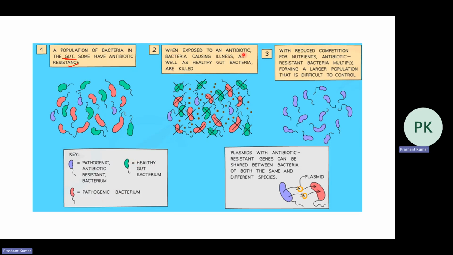When exposed to antibiotics, the bacteria causing illness as well as the healthy gut bacteria get killed. Now you can see who is alive here: the purple ones, which were resistant. With reduced competition for nutrition, antibiotic-resistant bacteria multiply faster, and they become more in number.